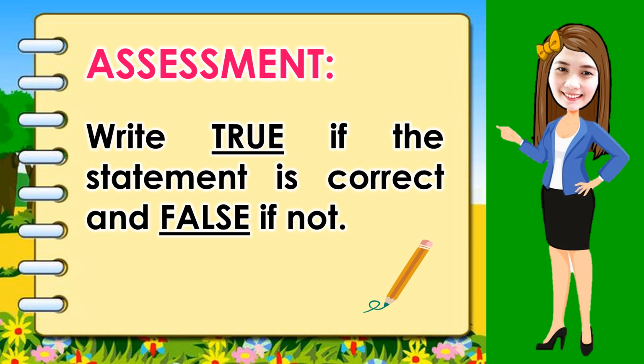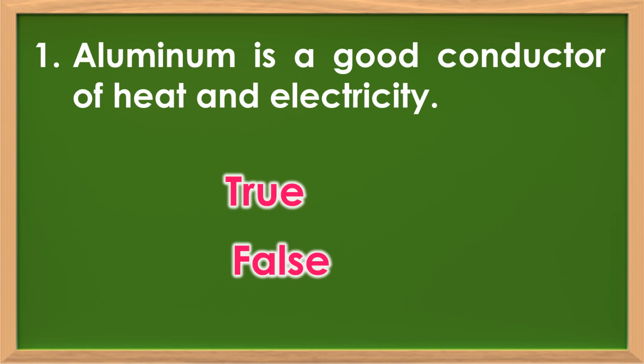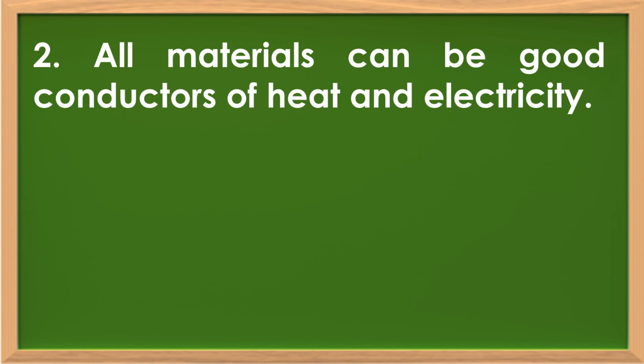Write true if the statement is correct and false if not. Number 1. Aluminum is a good conductor of heat and electricity. Very good. The answer is true. All materials can be good conductors of heat and electricity.